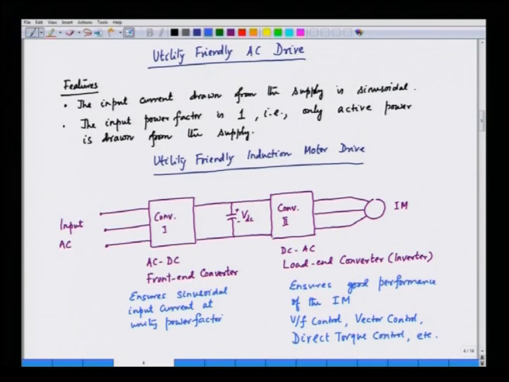So, these two converters are controlled somewhat independently, and the front end converter ensures sinusoidal current at input power factor equal to 1, and the load end converter ensures good motor performance.